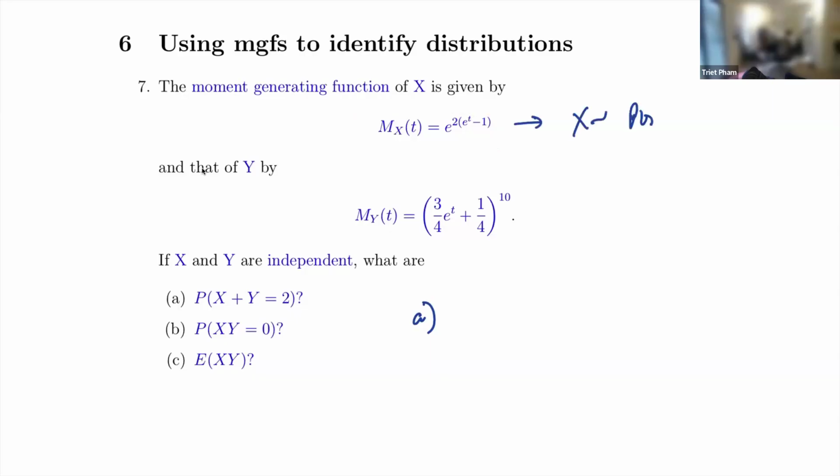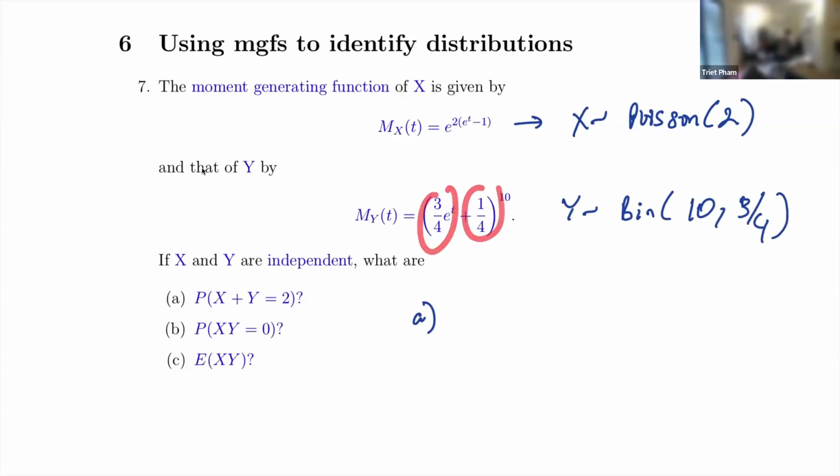X is a Poisson, with parameter 2. What about Y? What random variable is Y? Y is a binomial, 10 and 3/4, because that's p, and then that's 1 minus p.